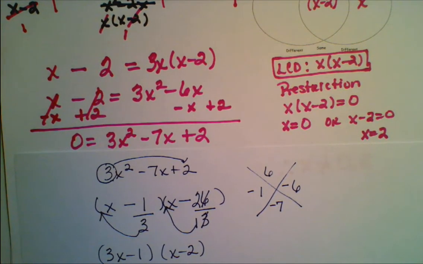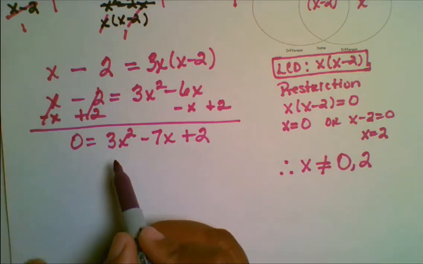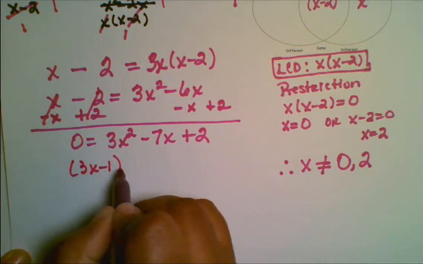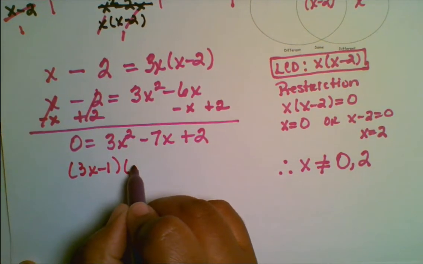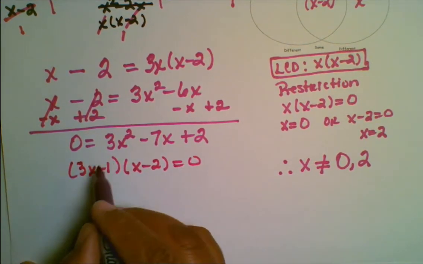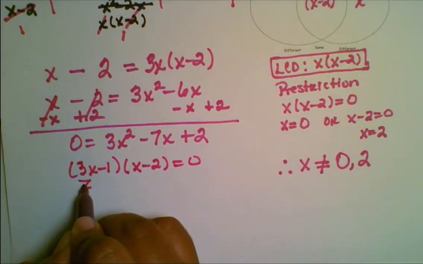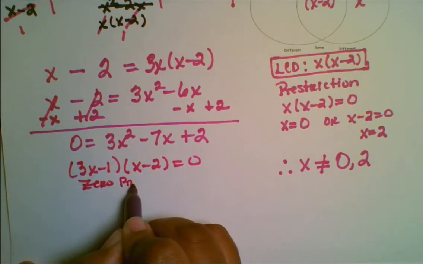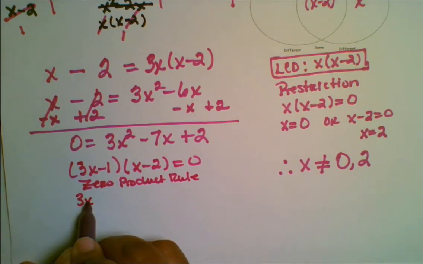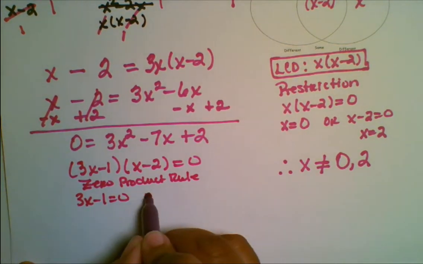So let's go ahead and write that out: 3x minus 1 times x minus 2, set equal to 0. Use the zero product rule, setting both factors equal to 0 and solving.